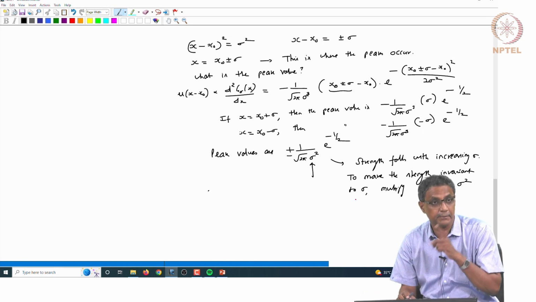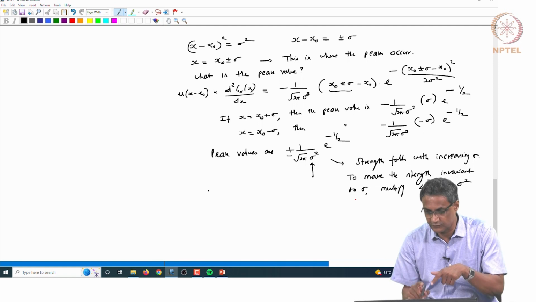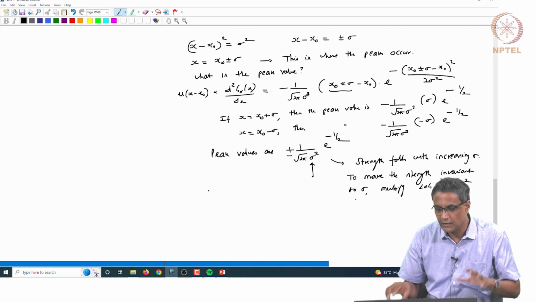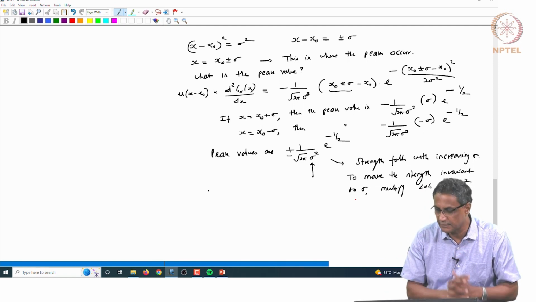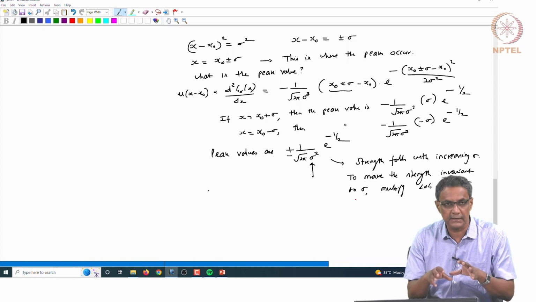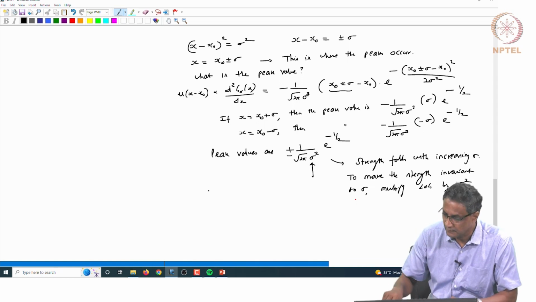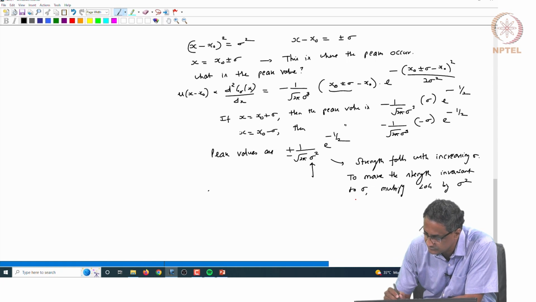And this is all for a step edge, by the way. This is a response, and all that we typically use is a normalized log. This is all coming from analyzing a step edge. So multiply log by sigma square to get the normalized log.